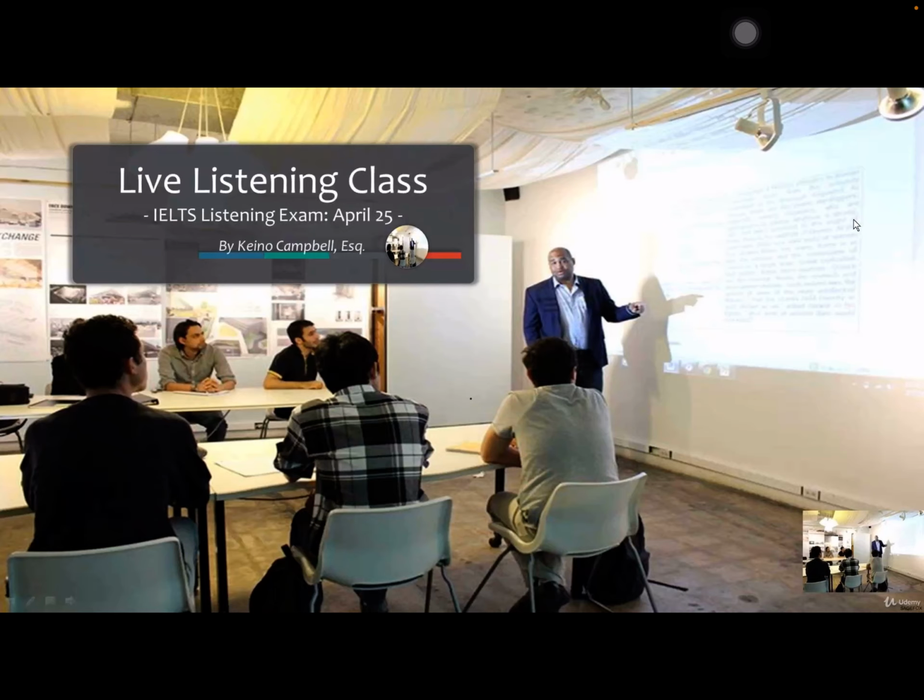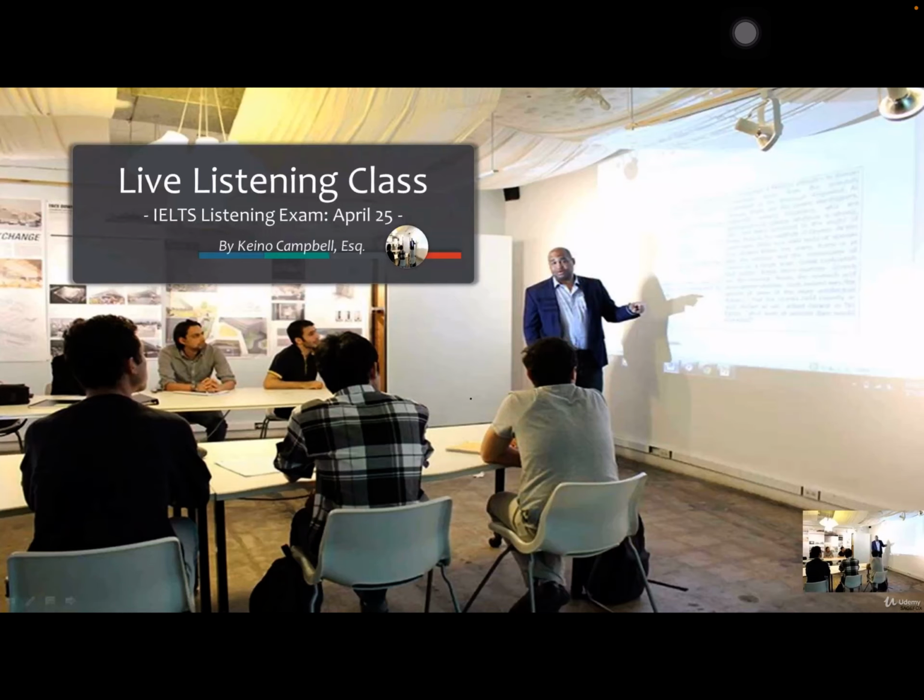All right, so I'm going to go through just a little bit of brief information, and then we're going to get directly into the listening. The way it's going to work is I'm going to play it, I'm going to be going through answering, and then I'll be reviewing the answer choices.